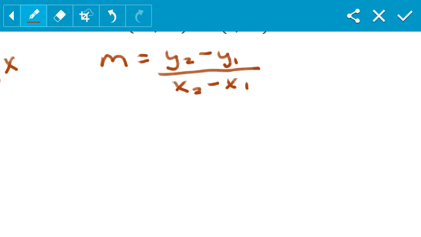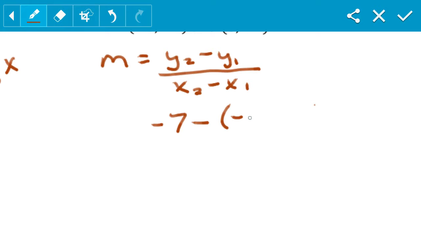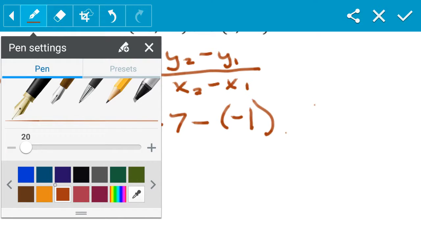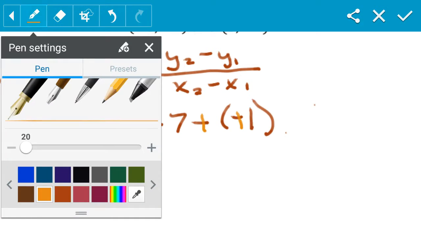Okay, so we want y2 minus y1, and y2 is -7 minus, and then notice this, y1 is negative 1. So you have to put the -1, so you have minus a negative, and minus a negative is the same thing as plus a positive.